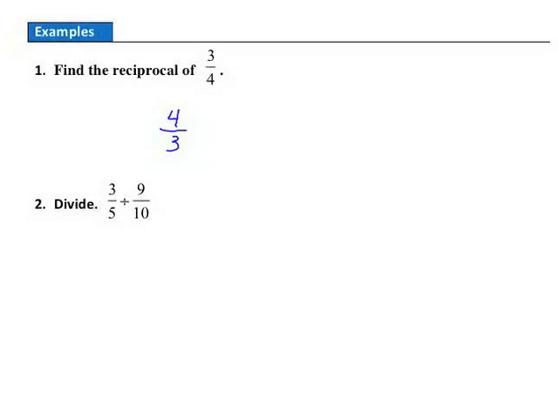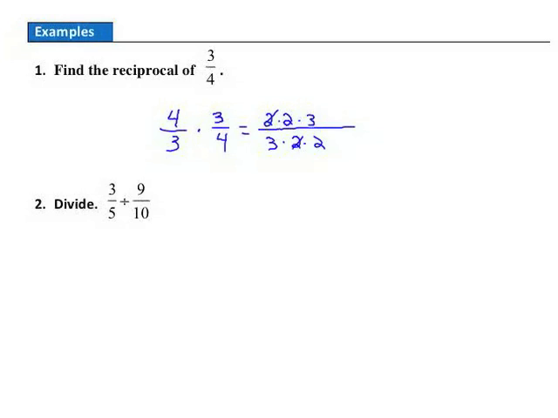Now, we can confirm that this is the reciprocal by multiplying it by our original fraction. If 4/3 is the right reciprocal, when I multiply these two fractions together, I should end up with an answer of 1. If I multiply these fractions together, I would factor the 4, 2 times 2, 3 is already prime, and in the denominator the 3 is prime, and I would factor the 4, 2 times 2, and now I would divide out the common factors.